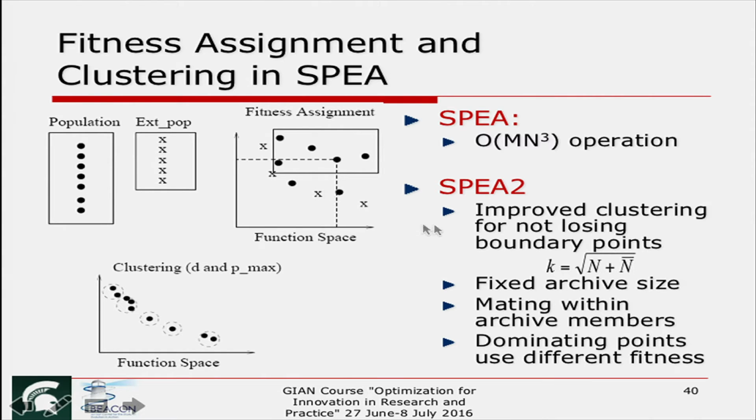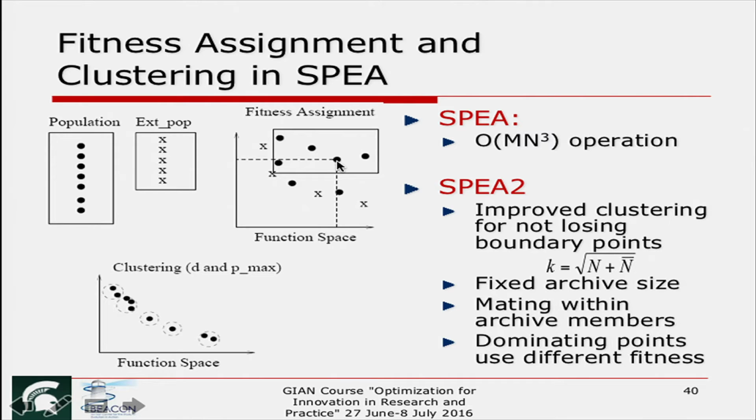There is a very simple way they calculate the fitness for every point here. For every one of these external points, you find out how many points it dominates. For example, this point dominates in my population 1, 2, 3, 4, 5 points. So the fitness of that becomes 1 plus 5, or 6. Sorry, I think it's just the 5.